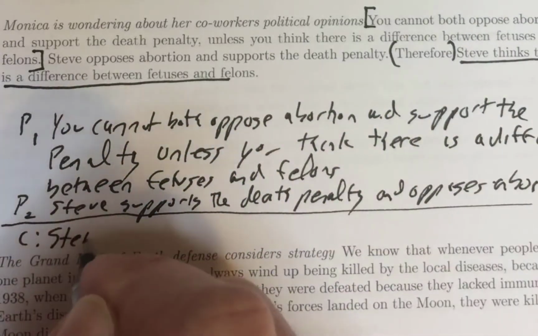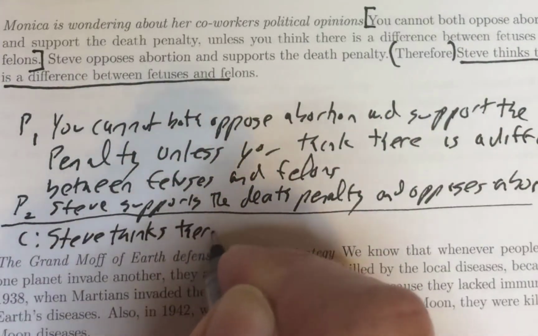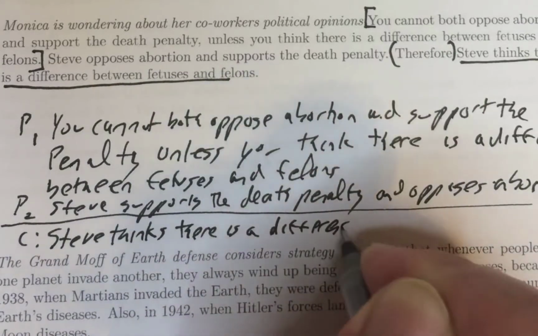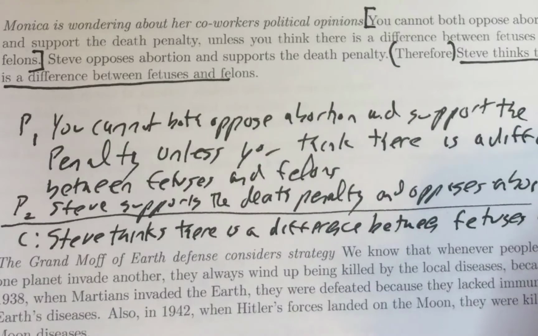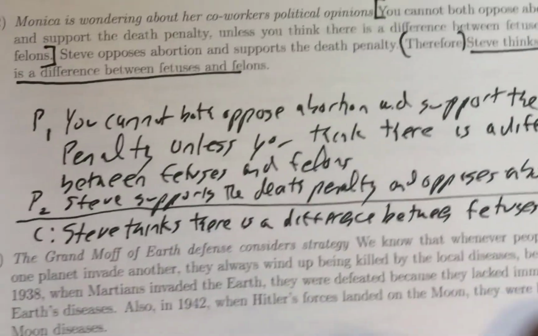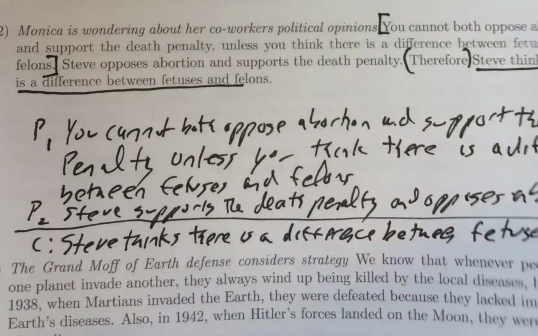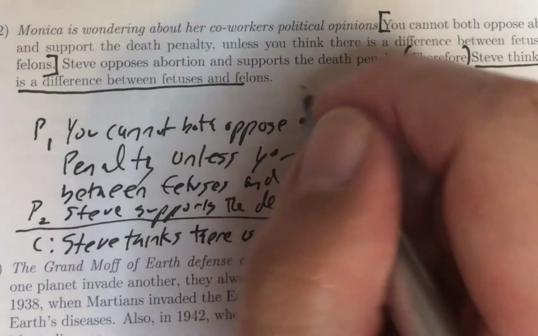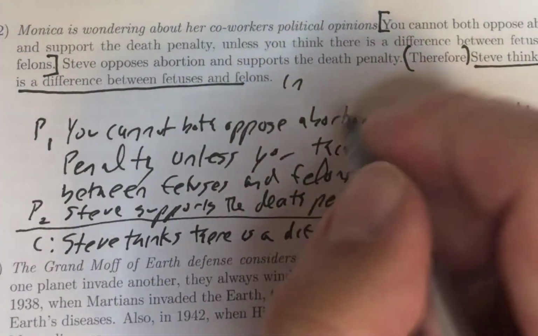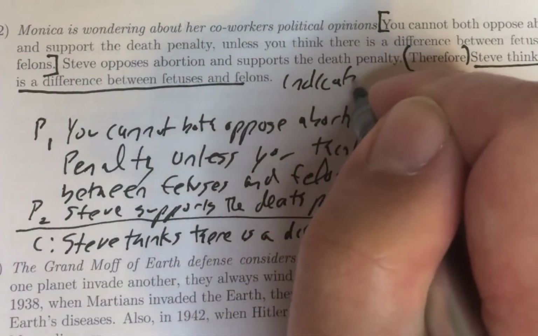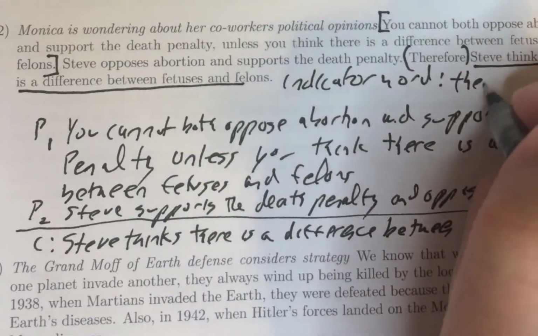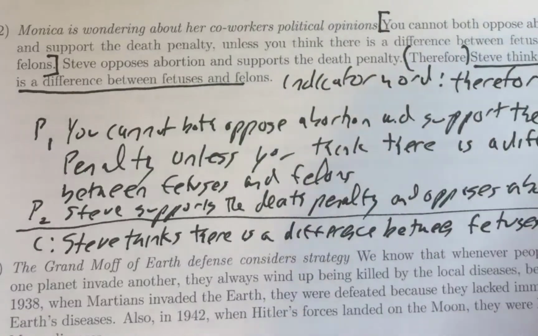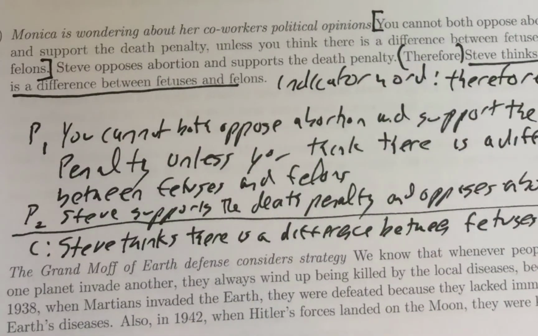Conclusion. Steve thinks there is a difference between fetuses and felons. And again, my handwriting is terrible. And then you need to be sure to write the indicator word, find space here. Therefore. Okay. Next one.